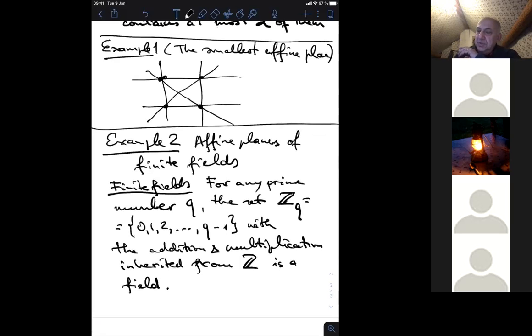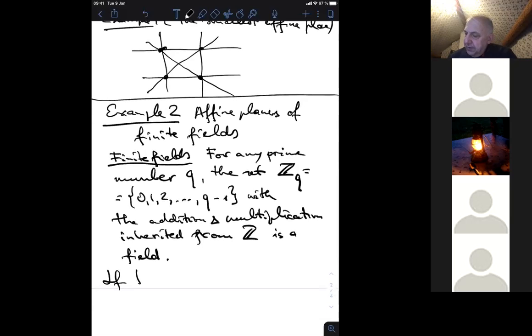And if q itself is a prime number, then Z mod q, which is obtained by taking integers and taking their modular classes mod q, will be a field. Okay, after recalling this, now let me go back and define what an affine plane over a finite field is.